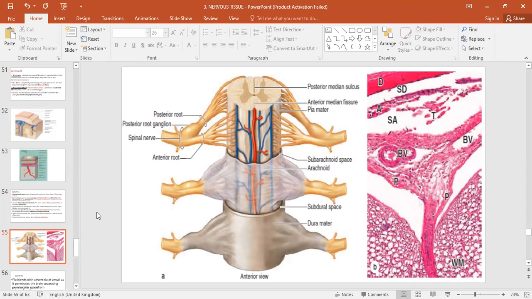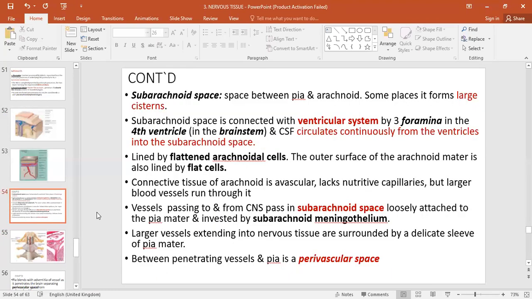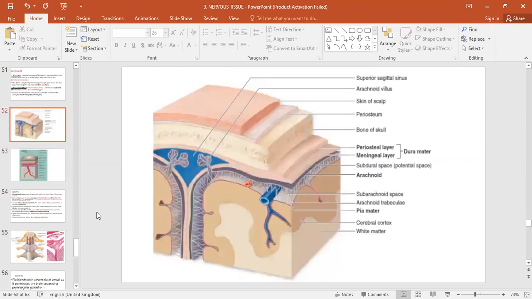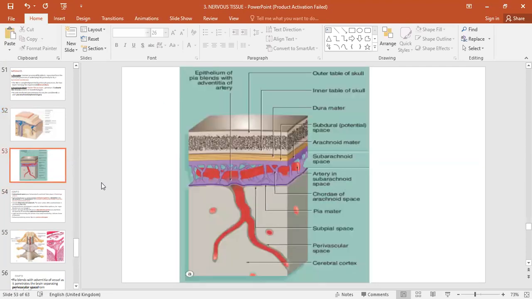Now, in the spinal cord, the arrangement is slightly different. Dura mater in the skull has two layers, outer layer and inner layer. But dura mater in the spinal cord only has one layer.